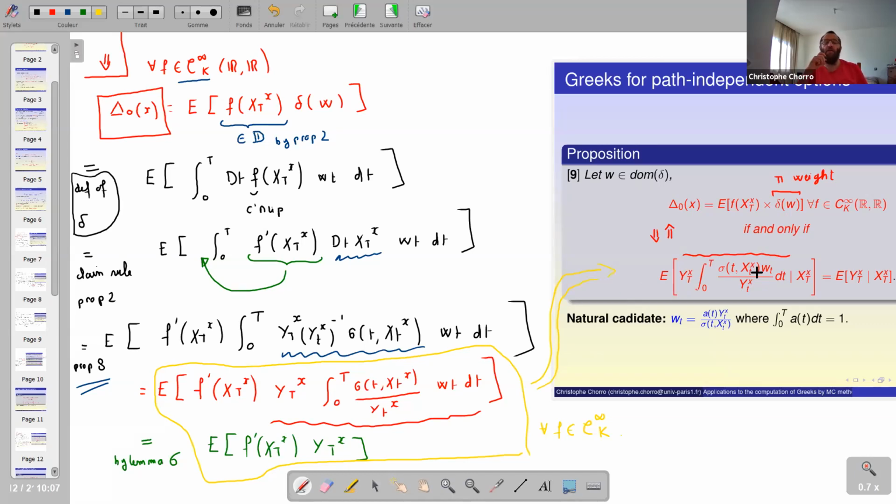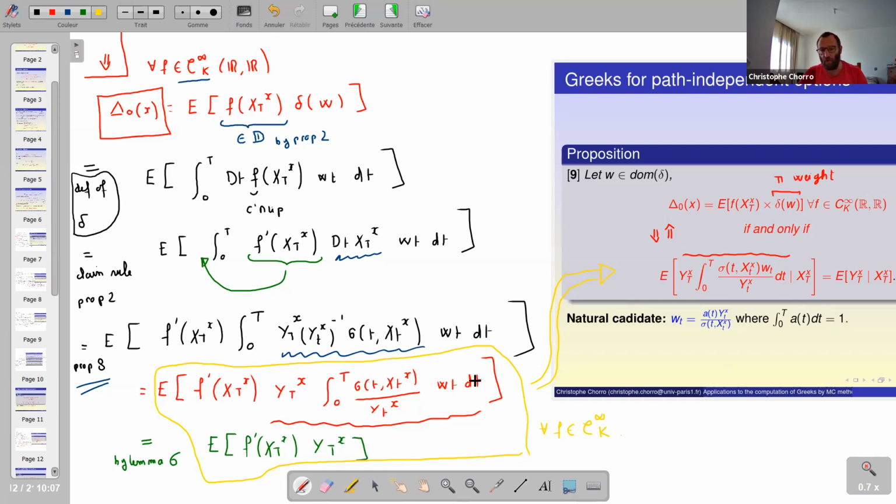So you see that the computation is in fact very short, and the proof of one side of the proposition is very short. I start from the delta this way. I use the definition of the Skorokhod integral. I use the chain rule in order to compute this derivative. Then I use, by proposition 8, the derivative of a solution of a stochastic differential equation.